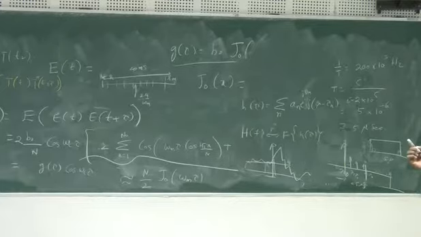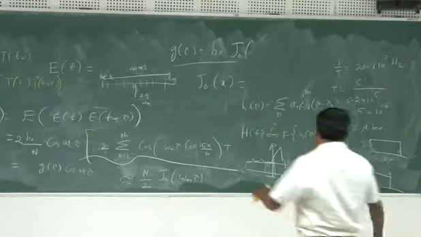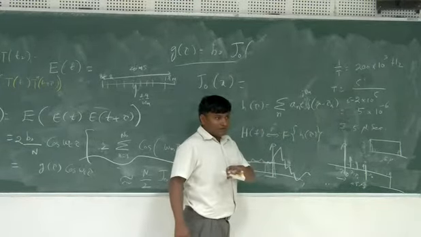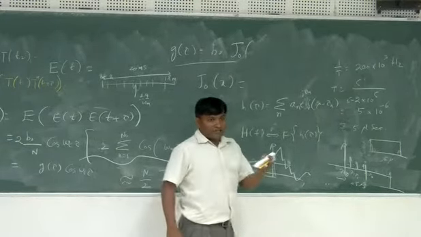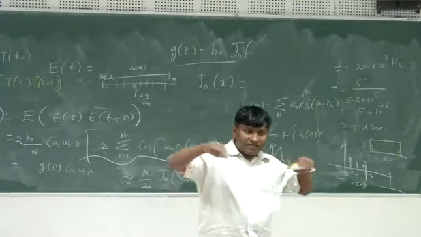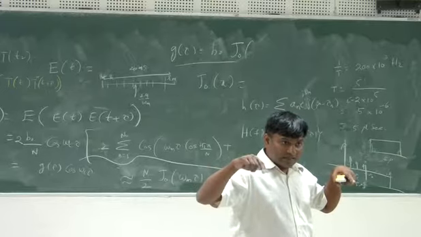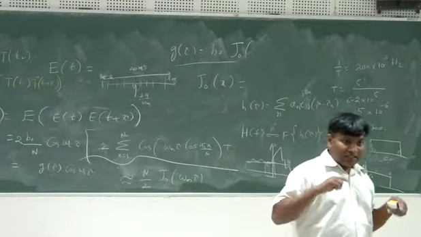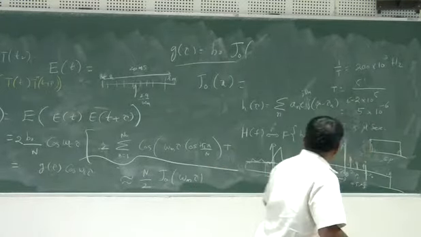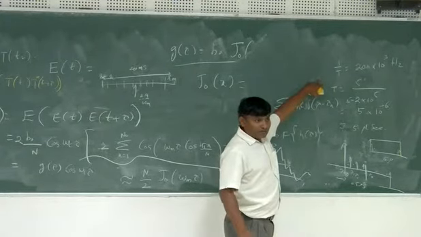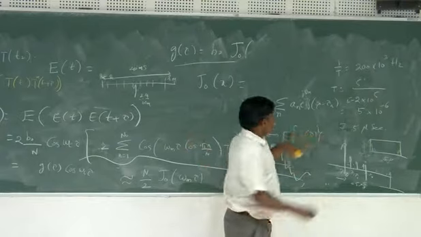Multipath gives you frequency diversity. Doppler spread gives you time diversity, because at sufficiently long time intervals, if you repeat your data, you will get diversity.